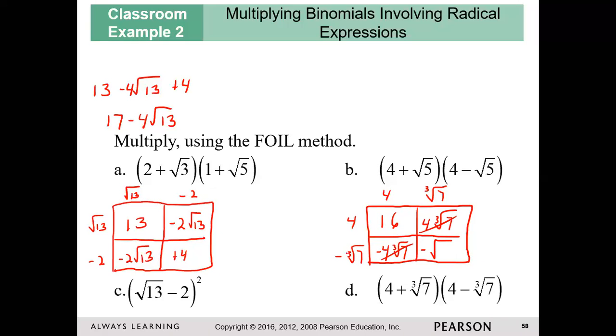In order for this to go away, you'd have to have 3 of these. So this is going to be the cube root of 49. Not the square root of 49, the cube root of 49. So your final answer is going to be 16 minus the cube root of 49.